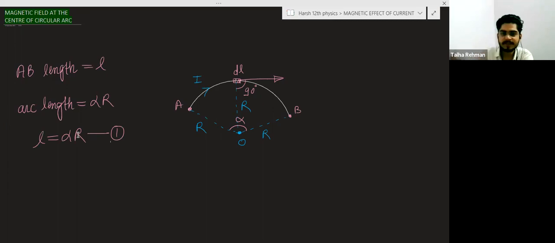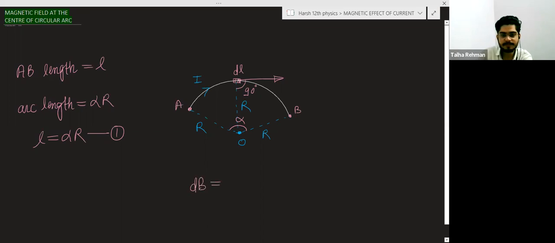Now we have the current in the wire, and this is the small element. Due to this small element, I want to find the magnetic field at this point O. So I will apply the Biot-Savart law.